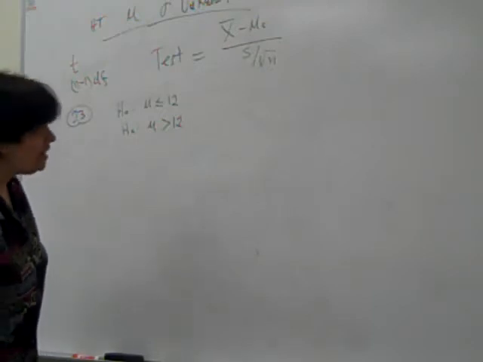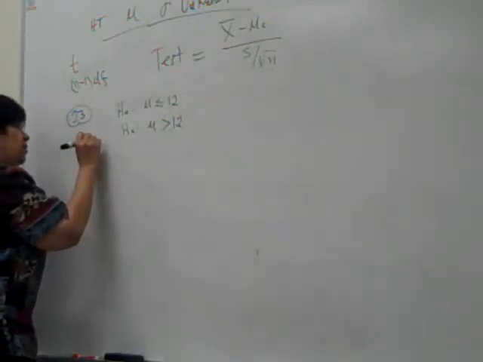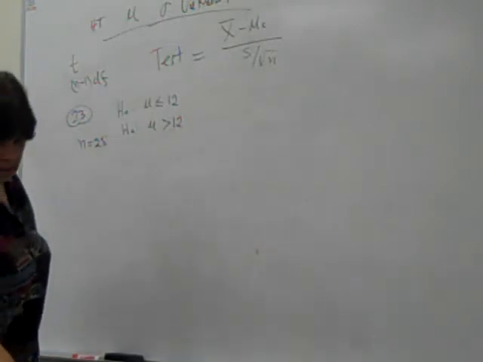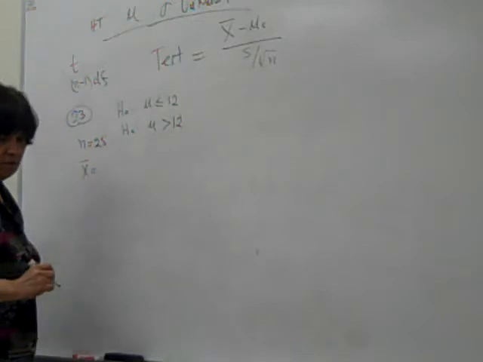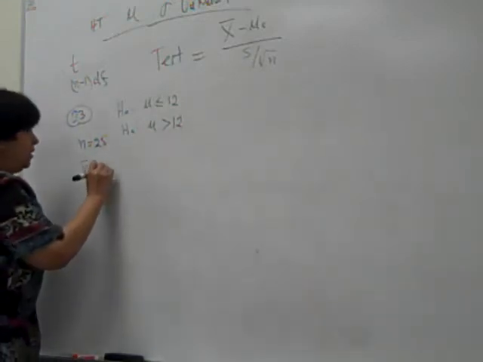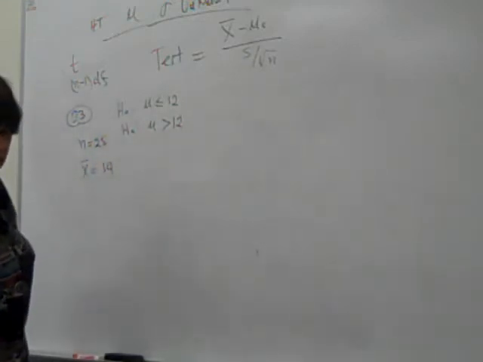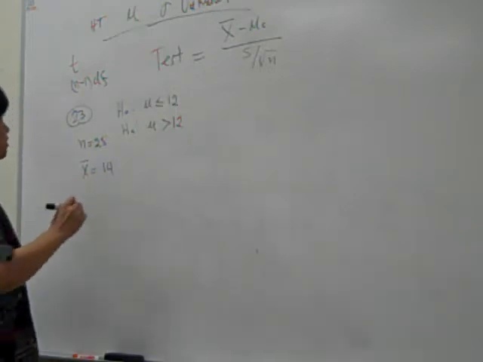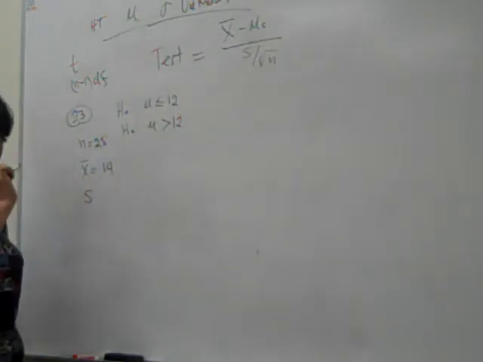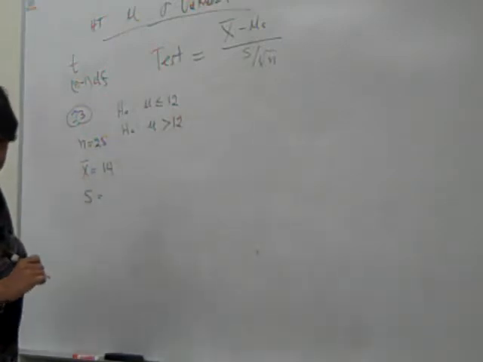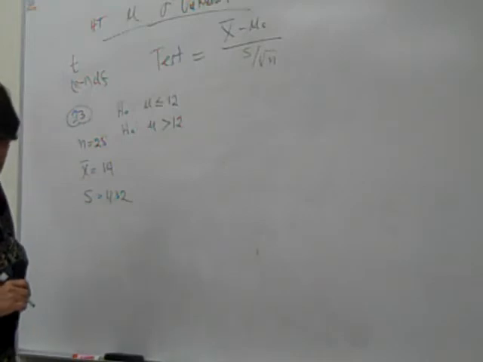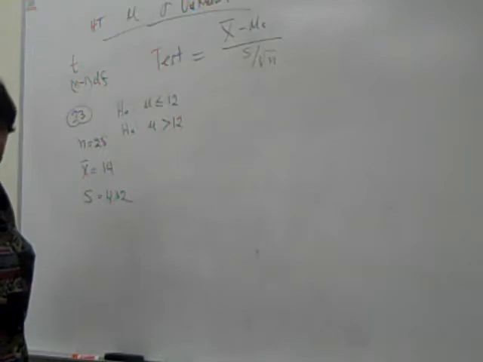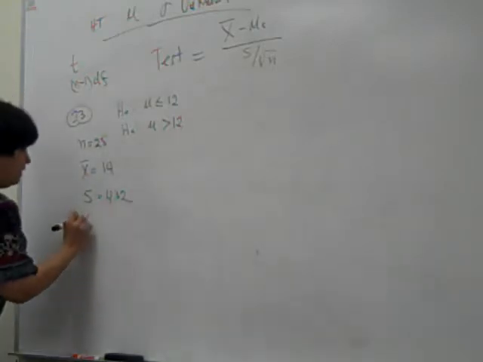A sample of 25, so n is equal to 25, provides a sample mean x bar equal to 14, and the sample standard deviation s is equal to 4.32. Compute the test value, use the t-distribution. Alpha is 0.05.